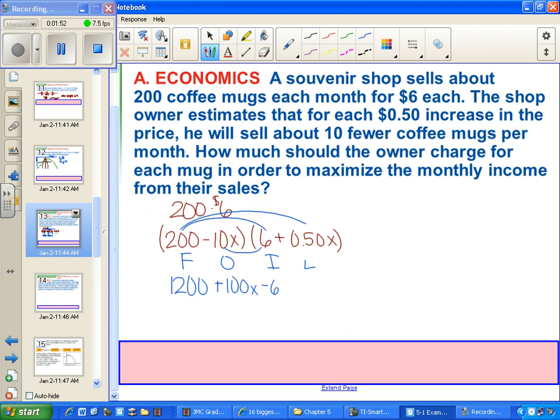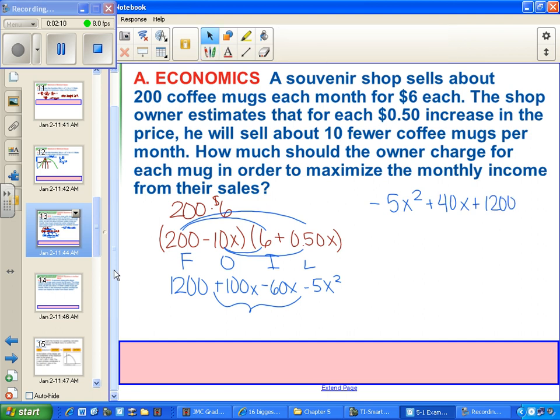Inside is negative 60x. And last two, negative 5x squared. Okay, I'm going to rewrite that though in descending order, minus 5x squared. And I'm going to combine those two terms together to make plus 40x plus 1200. So this equation should help represent the situation so we know how much we should sell the coffee for.